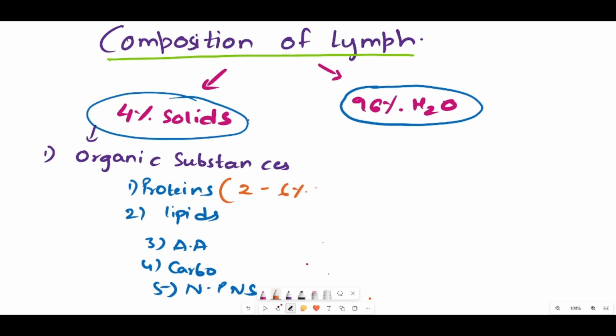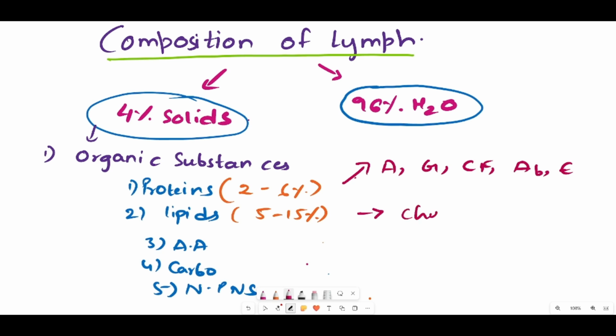2 to 6 percent proteins. 5 to 15 percent lipids. These proteins can be either albumin, globulin, clotting factors, and enzymes. And the lipids will be present in the form of chylomicrons and lipoproteins.